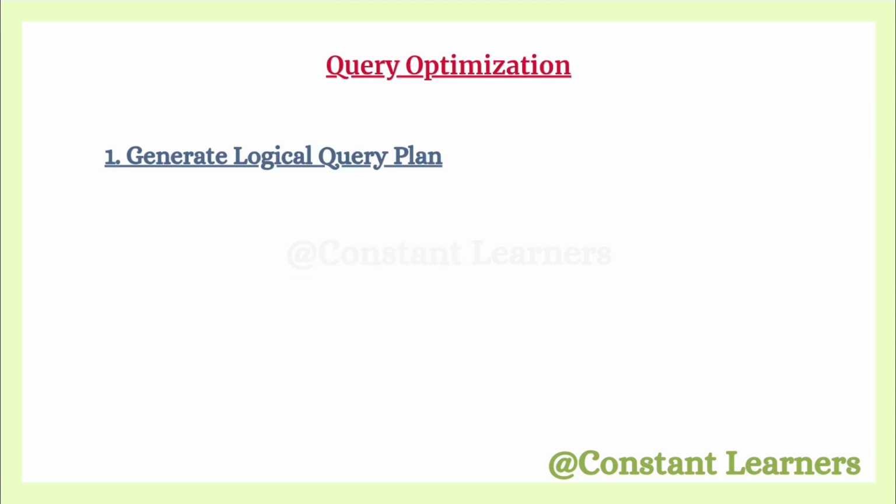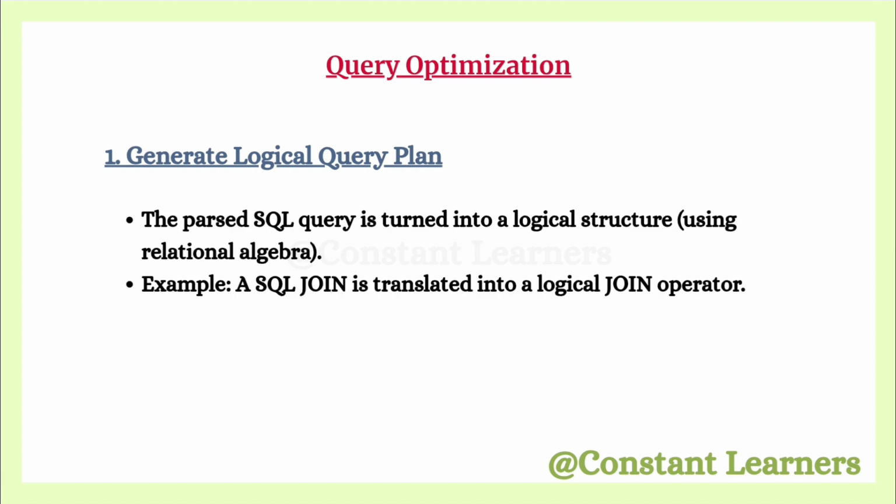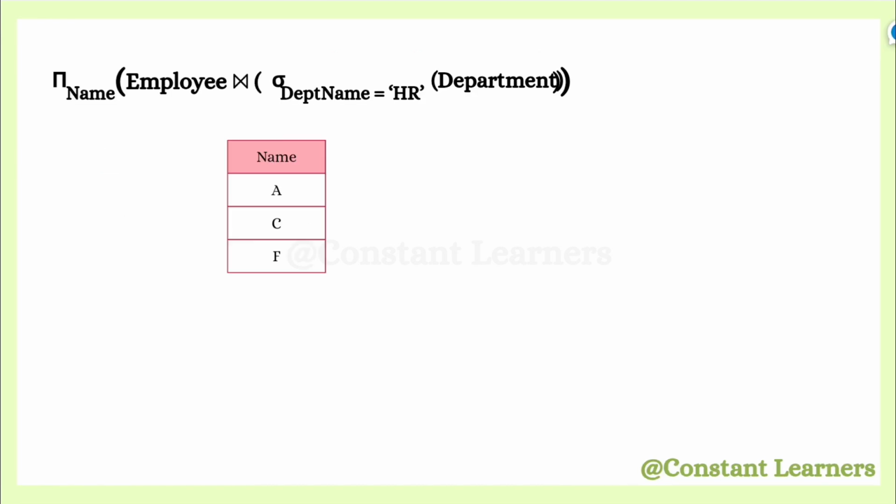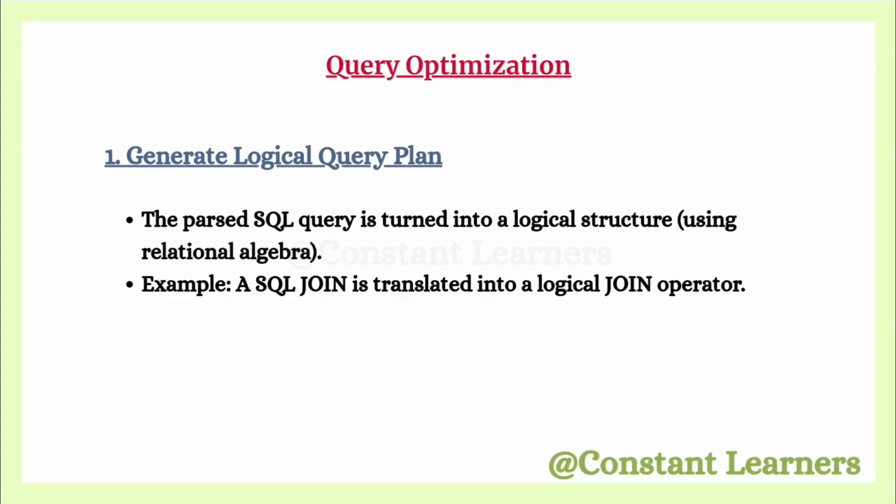First step is to generate a logical query plan. After we get the parsed query, this parsed SQL query is turned into a logical structure using relational algebra, that is, in the form of a relational algebraic expression, just like this one. This is a logical query, not an SQL query, right? Example, an SQL join is translated into a logical join operation, right?